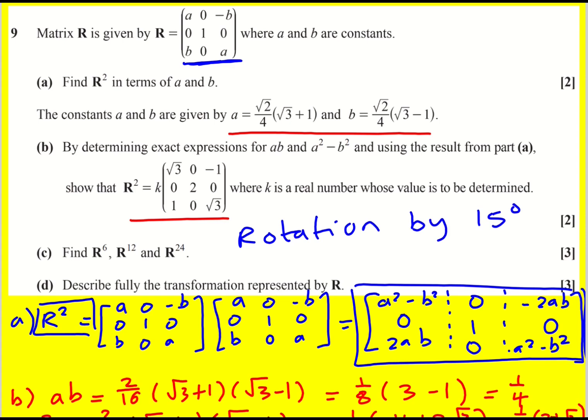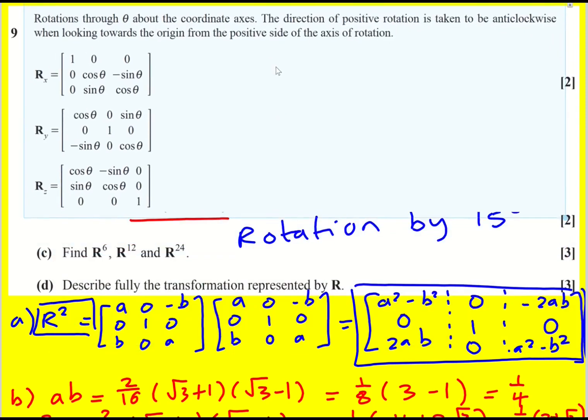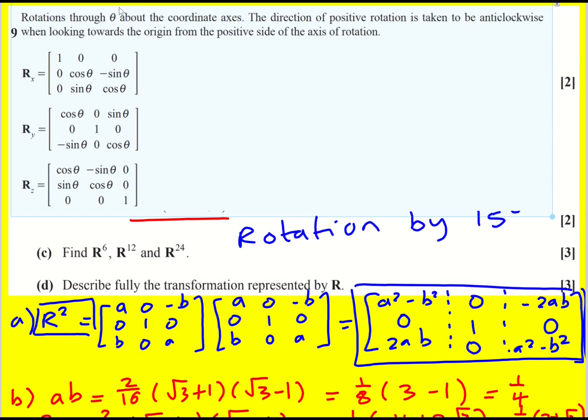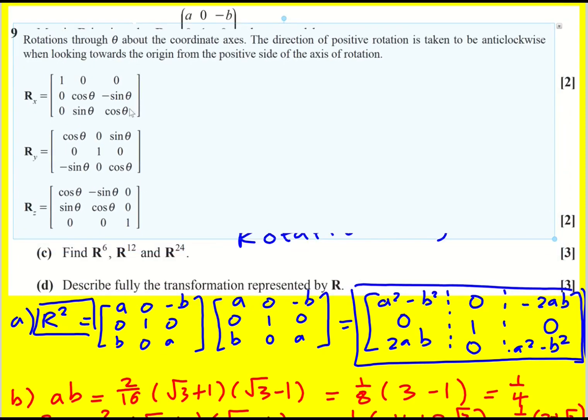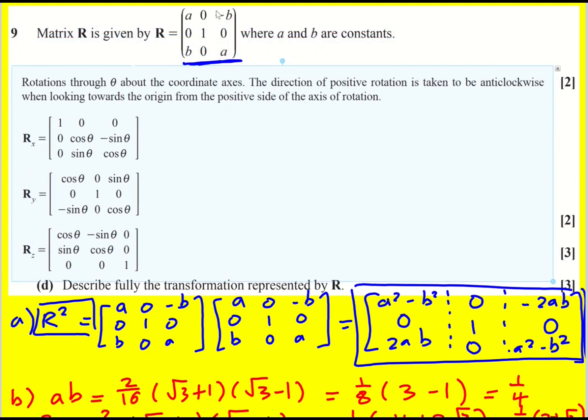Now we just need to think about what the rotation is around and also whether it's clockwise or anti-clockwise. And the formula book helps us out here. So rotations through theta about the coordinate axes. And it's this one here with the ry where there's a 1 in the very middle, just like we've got. So it's going to be a rotation about the y-axis. We've got sine theta here, so if theta was an acute angle, we'd get a positive here, but we've got a negative.